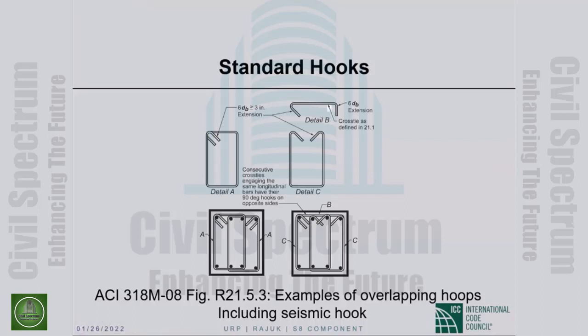So we are allowed two-piece hoops, a U stirrup with a seismic hook at each end, and this is what is called a cross tie, which will close the top, and the cross tie has one seismic hook and one standard hook. Okay, 90-degree bend plus 6 bar diameter extension.